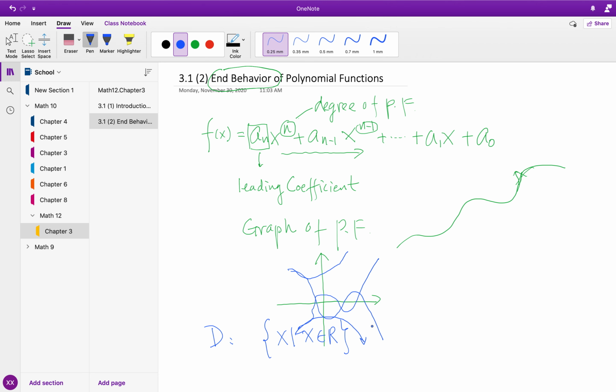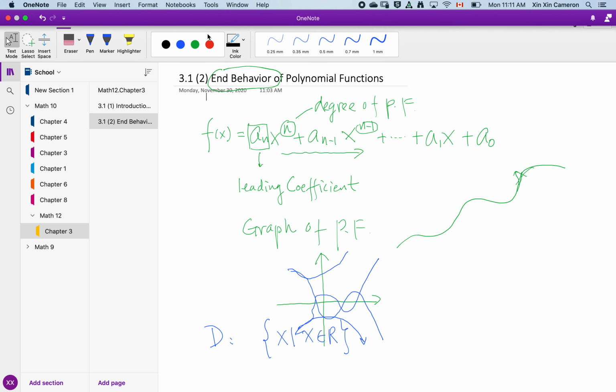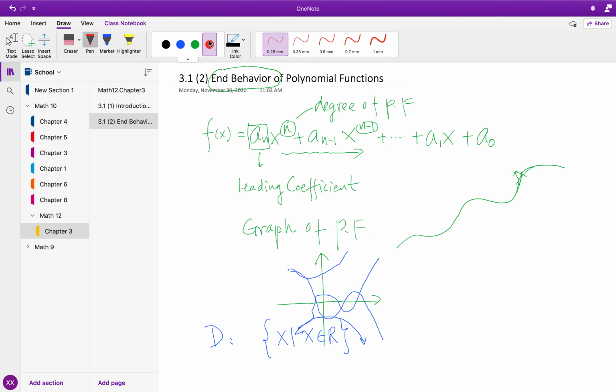What I'm trying to get at is that there is no graph that would only have a curve here, or even just a curve over here. That's not a problem.